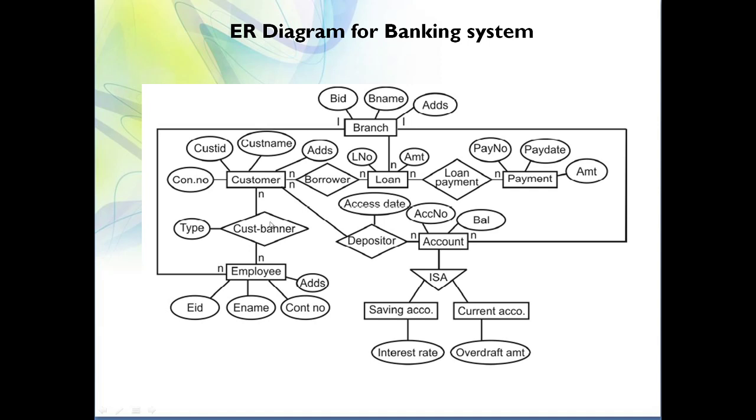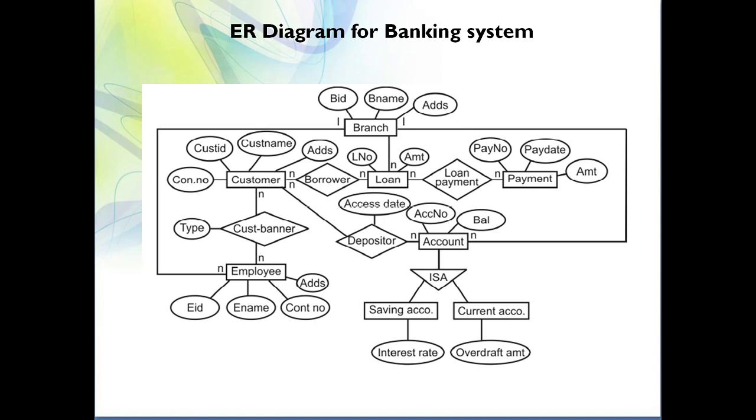But between customer and employee, we have taken customer banker. It's not a banner, it's a customer banker. So between customer and employee, we have shown a relationship with the help of a third table called customer banker. Why is it so? Because it is a many to many. So while drawing an ER diagram, you have to keep in mind that if a one to many kind of relationship is there, there is no need of a third table.